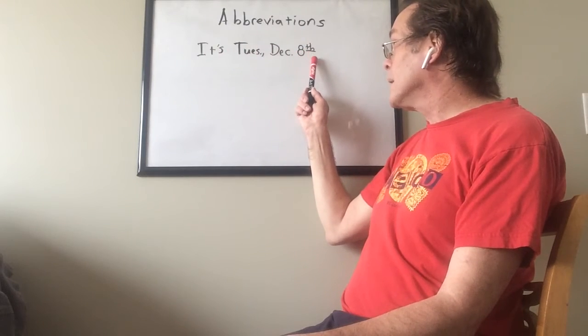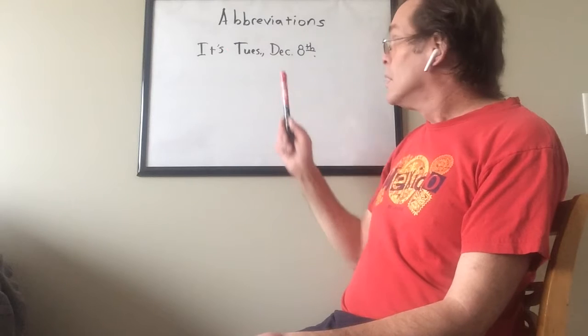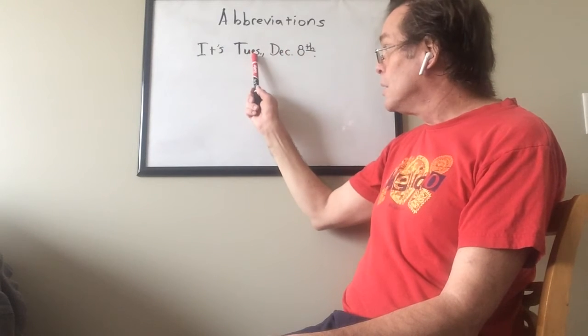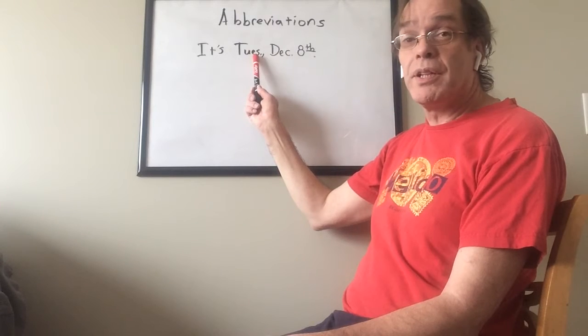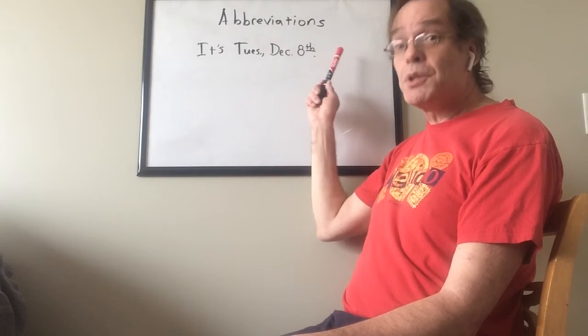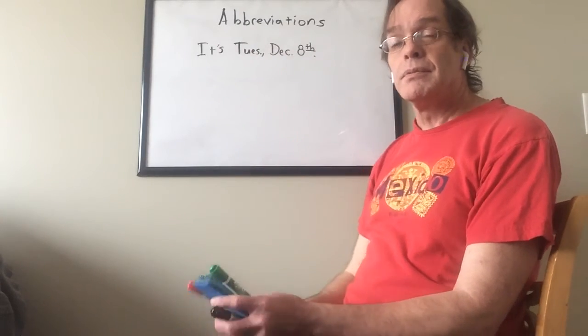And then you have the period at the end of the sentence. So December has a period to show that it's an abbreviation. Tuesday has a period to show that it's an abbreviation. And the whole sentence has a period to show that it's a complete sentence.